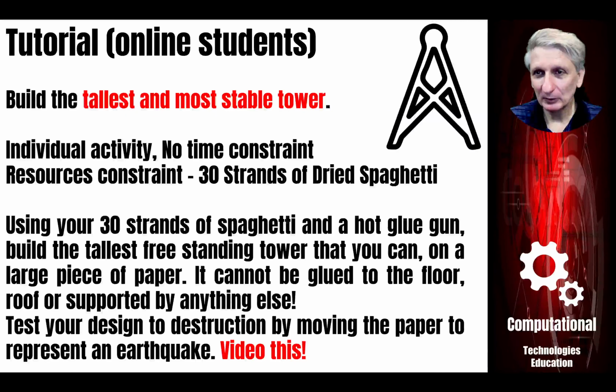Again, same sort of constraints. You can only use 30 strands of spaghetti, so no more. And if you place your tower on a piece of paper and wiggle the piece of paper, you can also replicate an earthquake to see how stable your spaghetti tower is.